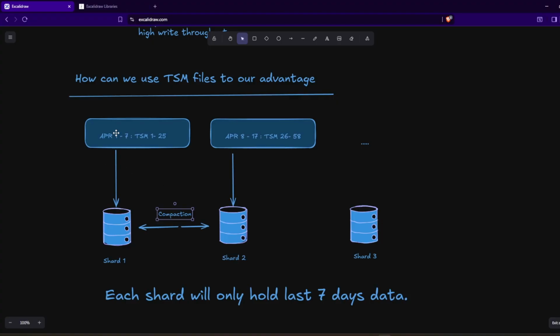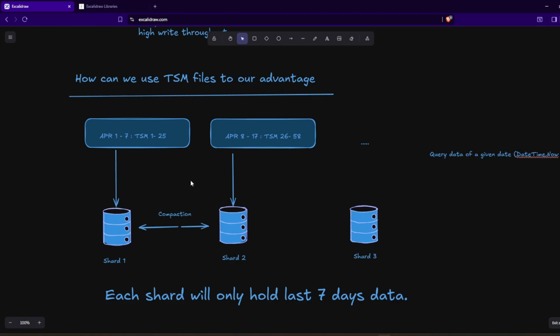But just understand why we keep this segregation of 7 days of data into the shards. The reason is that these shards hold only particular TSM files, and that helps in queries. Suppose I, as a final user, want to query data of a given date, maybe now minus 1 or minus 2, that means the day before yesterday.